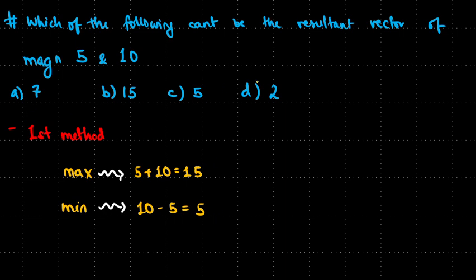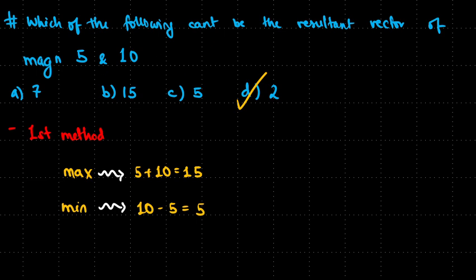So anything that's in between these is fine. 15 is the maximum value, it's okay. 5 is also the minimum value, it's going to be fine. And 7 is going to be fine since it falls between 5 and 15. But the one that does not fall is 2, which means the resultant which can't form is 2.